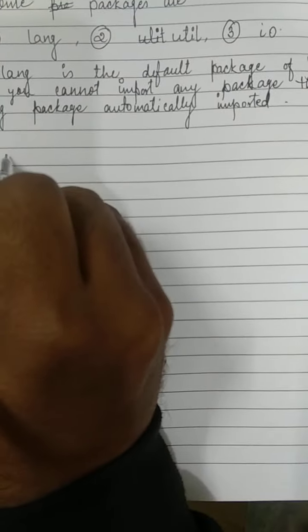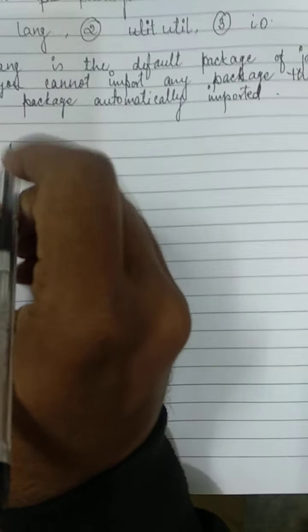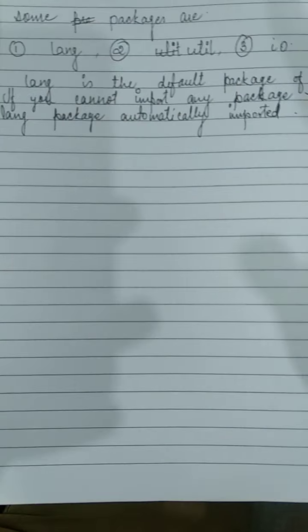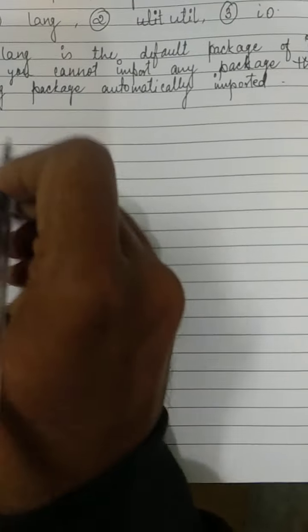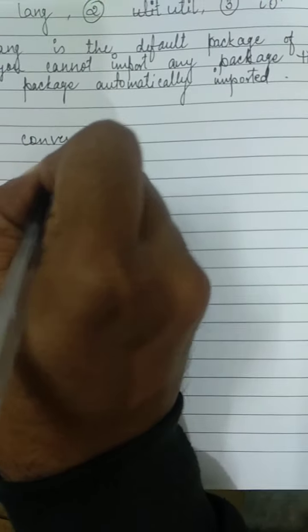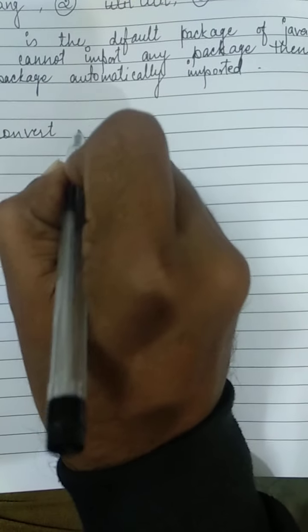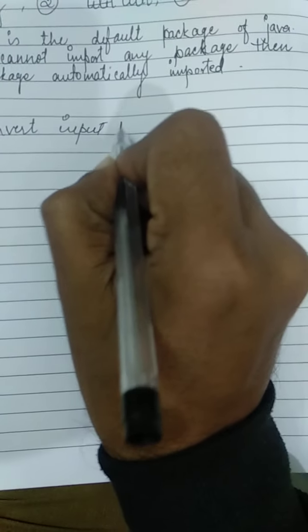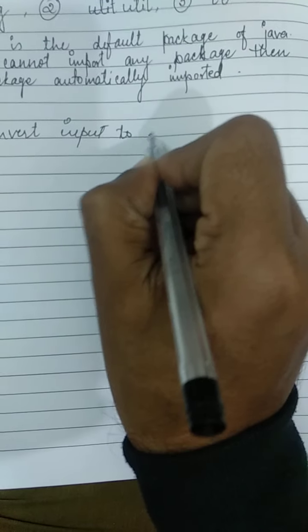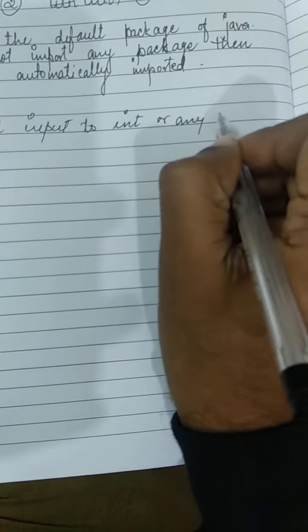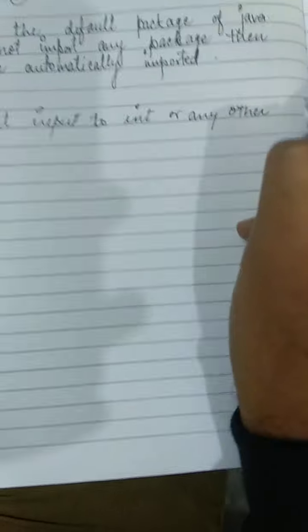Like if you are using the buffer reader or the input stream class, data input stream, then you need to convert the input into integer or any other data type.